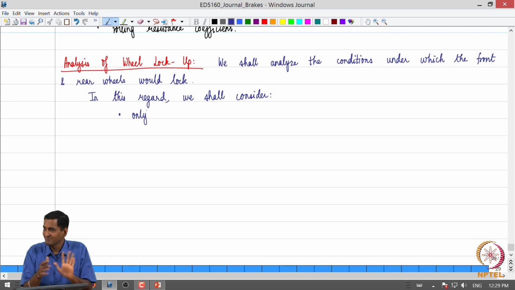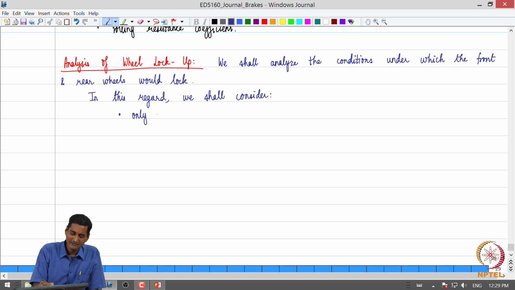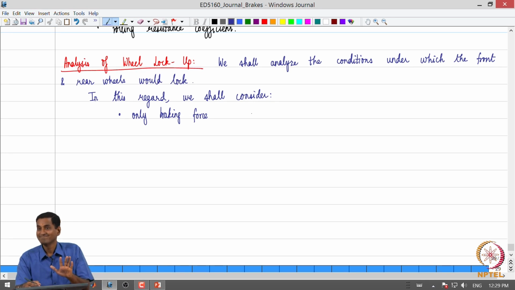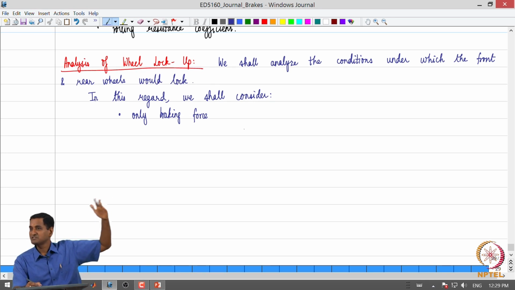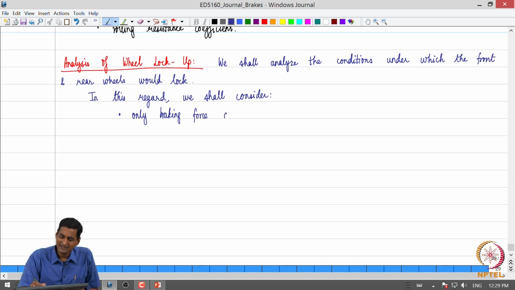One can include them, but for the sake of simplicity we consider only braking force. In fact, if you look at braking, the magnitude of the braking force is much above all the other resistances. But let us say we consider only braking force and rolling resistance in this particular analysis.